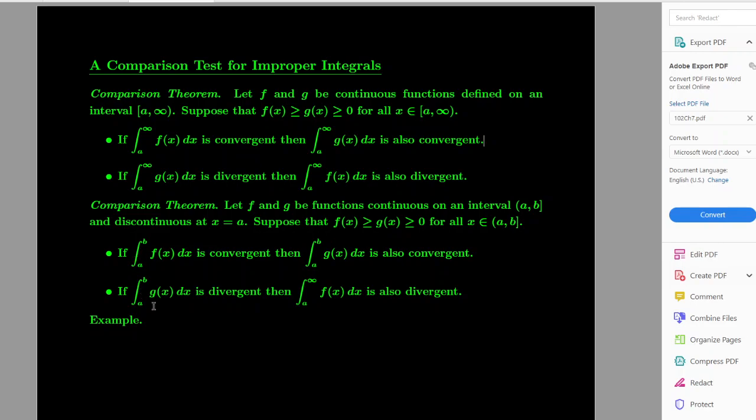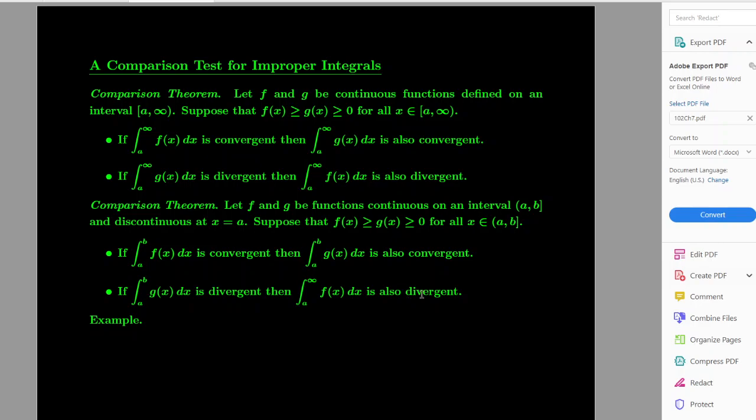Actually, the same conclusion is true for type 2 improper integrals. For type 2, the same thing, okay? If the integral of a bigger function is convergent, the integral of a smaller function is also convergent. Both functions are non-negative. And likewise, if the integral of a smaller function is divergent, then the integral of a bigger function is also divergent. The same story.